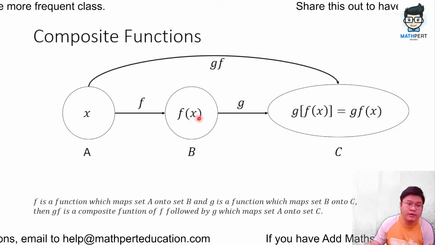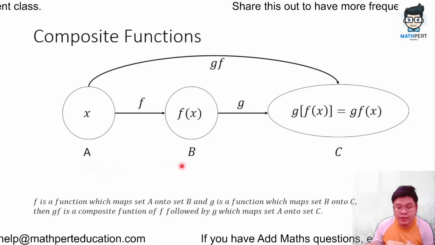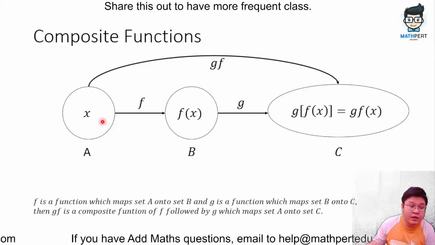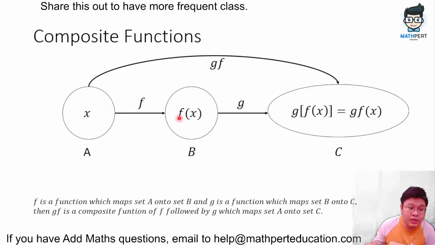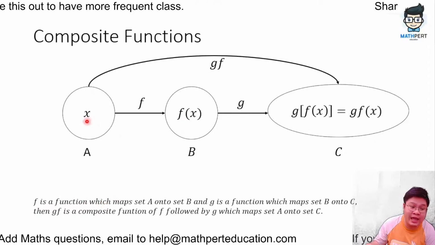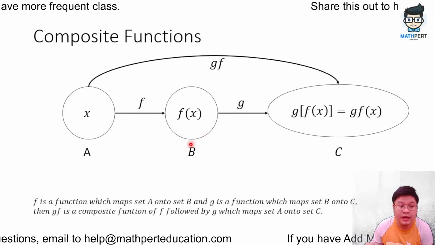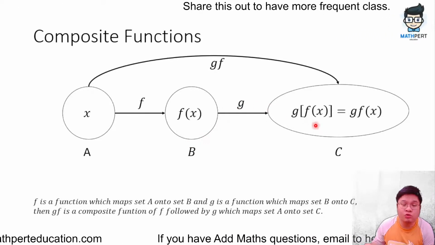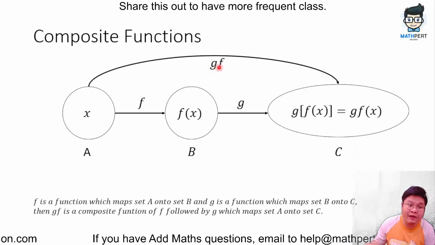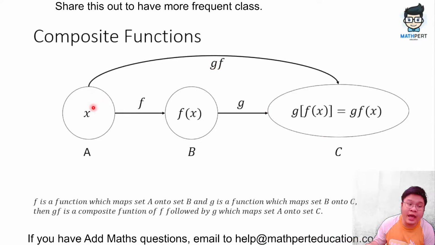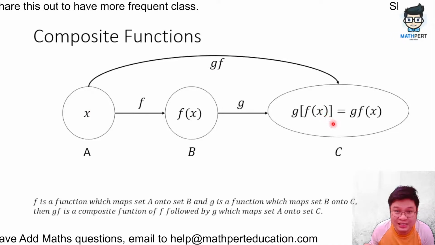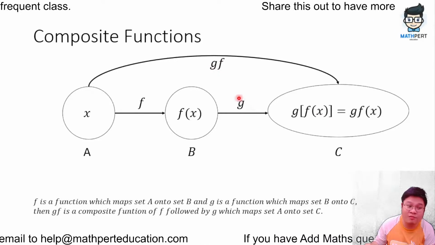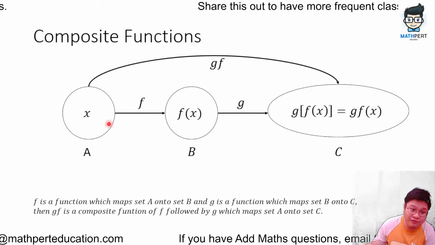Over here, we have set A, set B, and set C. We map x into this. f is a function that maps set A onto set B, and g is a function that maps set B onto set C. So gf is a function that maps set A onto set C. Note that it is gf, not fg; you start from the back first, gf.